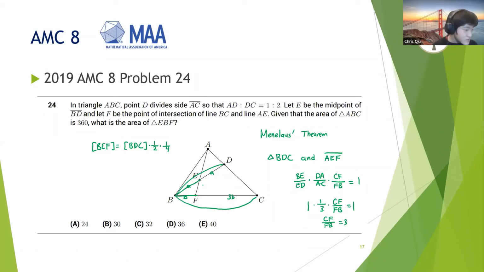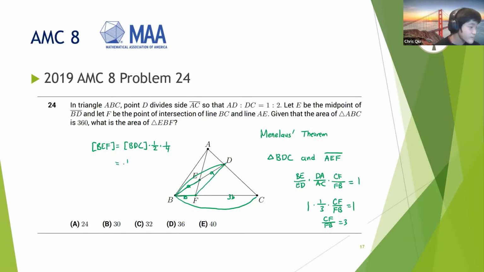And rigorously, what we're doing here is that we're connecting DF, and we're saying that the area of triangle BEF is going to be half of the area of BDF, and then that is going to be a quarter of the area of BDC. And that's where this equation comes from.